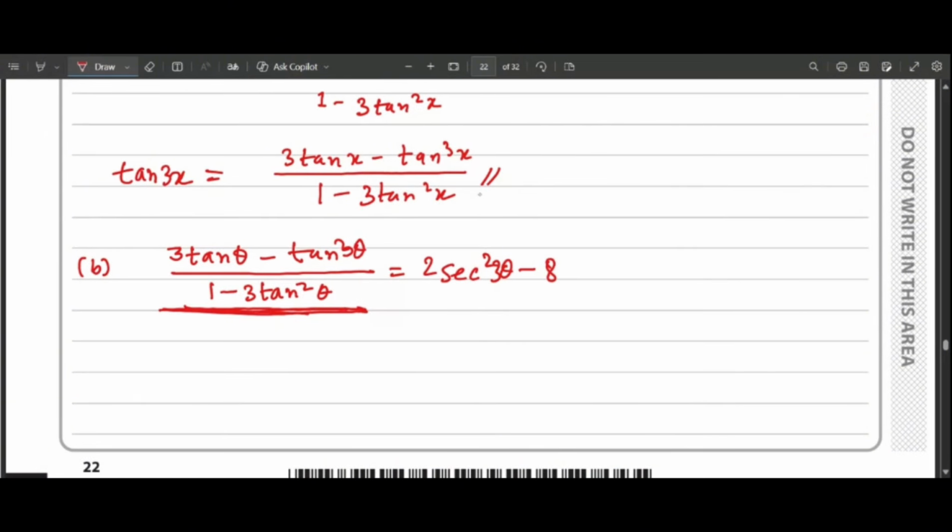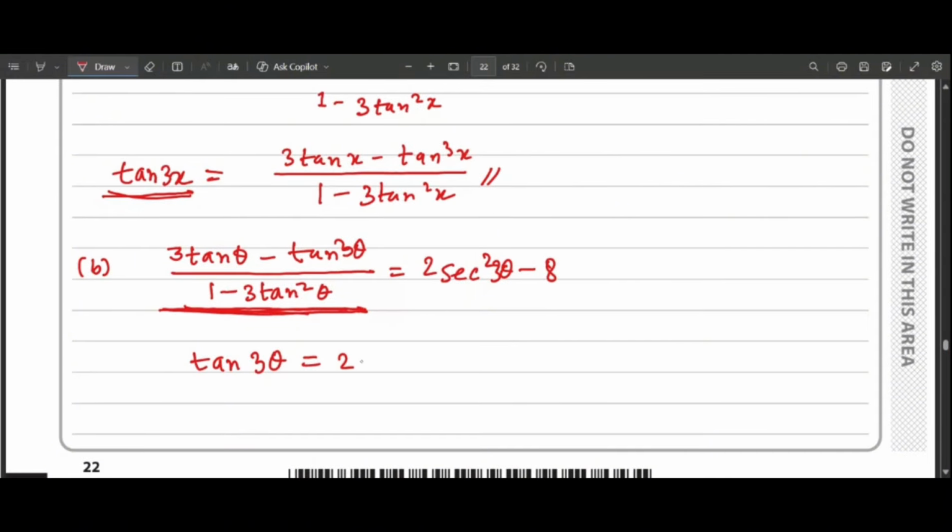What this means is that we can use this identity to simplify our expression. So we can write that (3 tan theta minus tan cube theta) divided by (1 minus 3 tan square theta) can be written as tan 3 theta.